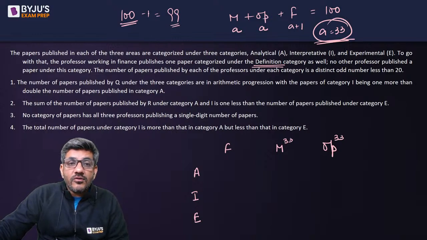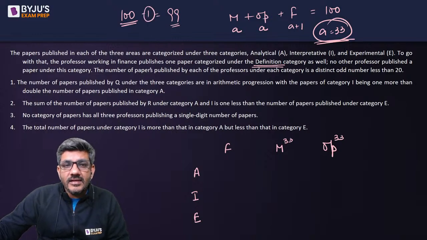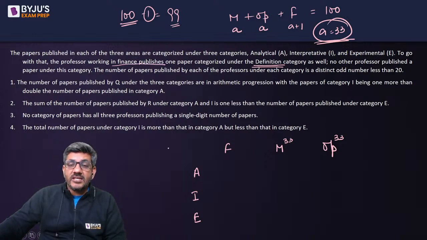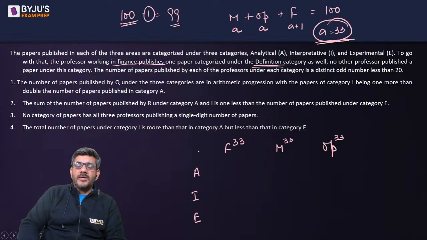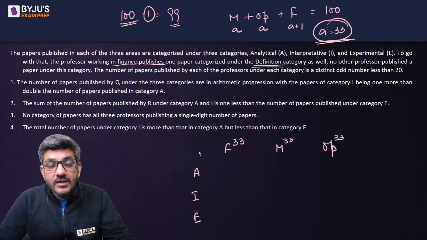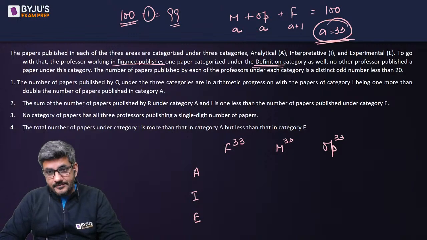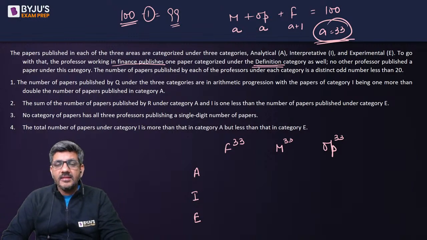Out of that, one is in the definition category. It is already given that the professor working in finance publishes one under the definition category. So the remaining three categories, that are analytical, interpretative, and experimental, have a total of 33 projects under them, right?